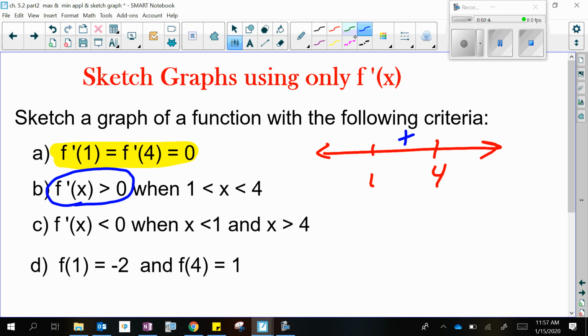Okay, and then it says that the derivative of f of x is less than 0 when x is less than 1 and x is greater than 4. What does that tell us? Exactly, the left and right are negative. Okay, so what's happening at 1?